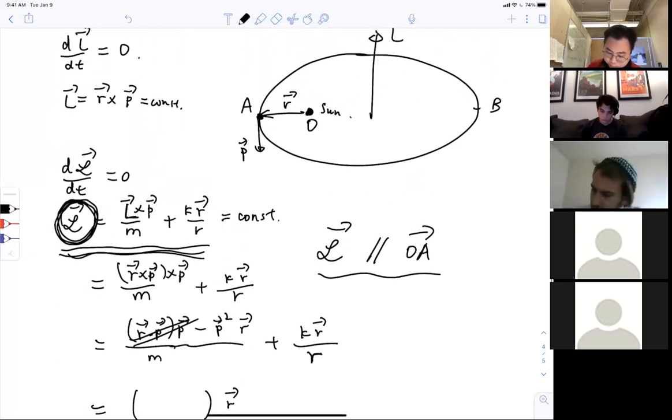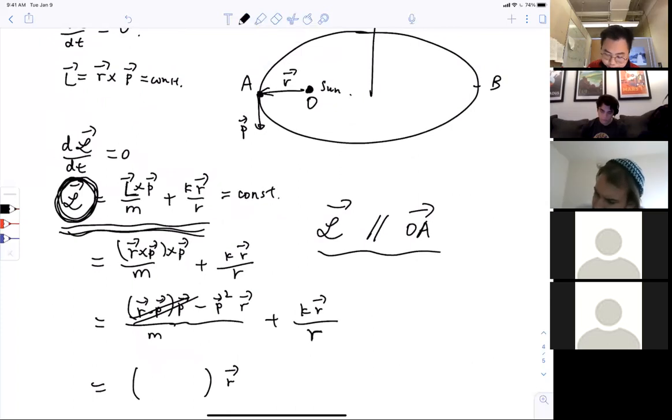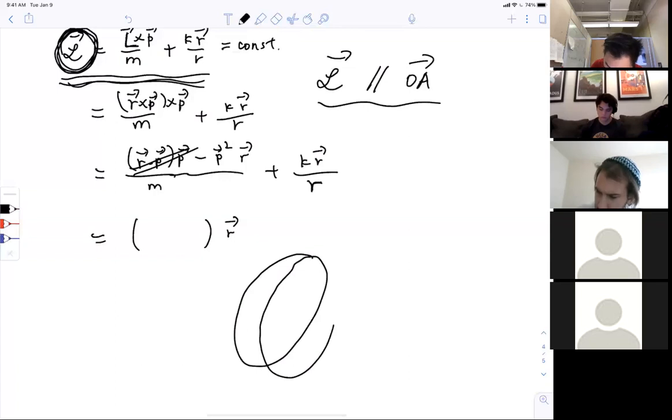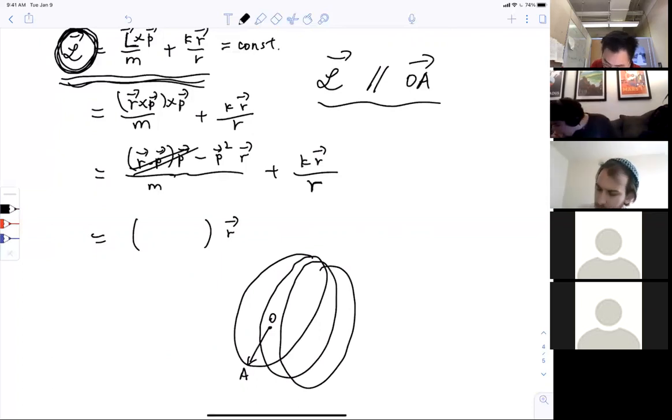Now, if this orbit is not closed, imagine you have something like this, and this is the point. This is O, this is A. For another cycle, you can also choose such a special point where R is perpendicular to P, say another point like this.